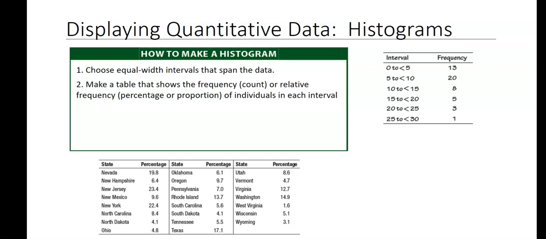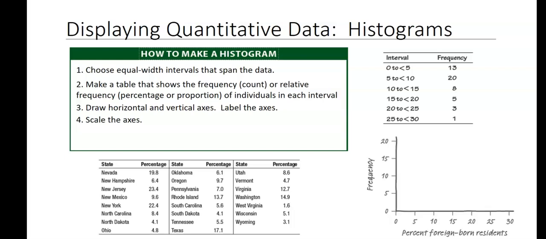When you make that frequency table, you draw the horizontal and vertical axis, label the axis, and then scale the axis. You always want to do that first. Then you have to figure out the percentage, say, the biggest percentage we have is 20 out of however many there are there, and go from there.